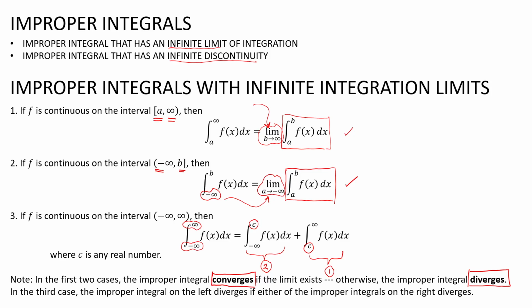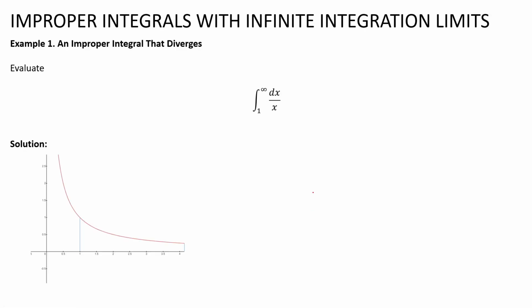All right, so let's proceed to the next. Let's try to solve an example. Never mind the graph. You may not graph the equation, but this is just for visualization for the example. Notice that this one is an improper integral. The upper limit is infinity. According to the properties I mentioned earlier, we need to take out the infinite limit outside the integral.